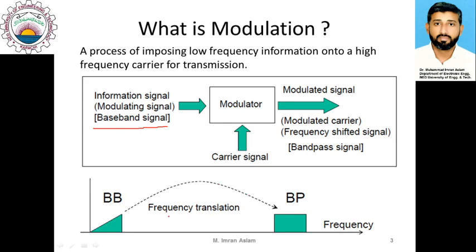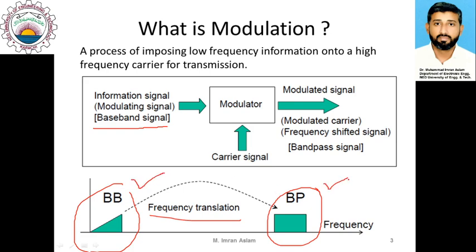We need to shift the frequency of this baseband signal to relatively higher frequencies, which becomes a band pass signal. So we have to transform this low pass signal into a band pass signal which occupies relatively higher frequencies. In order to do that, we generally take a high frequency carrier, which is generally a sinusoidal signal.